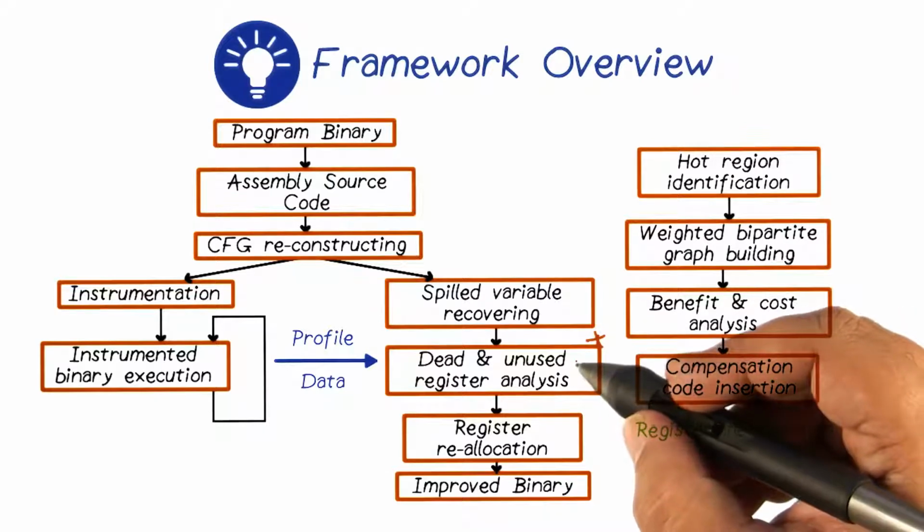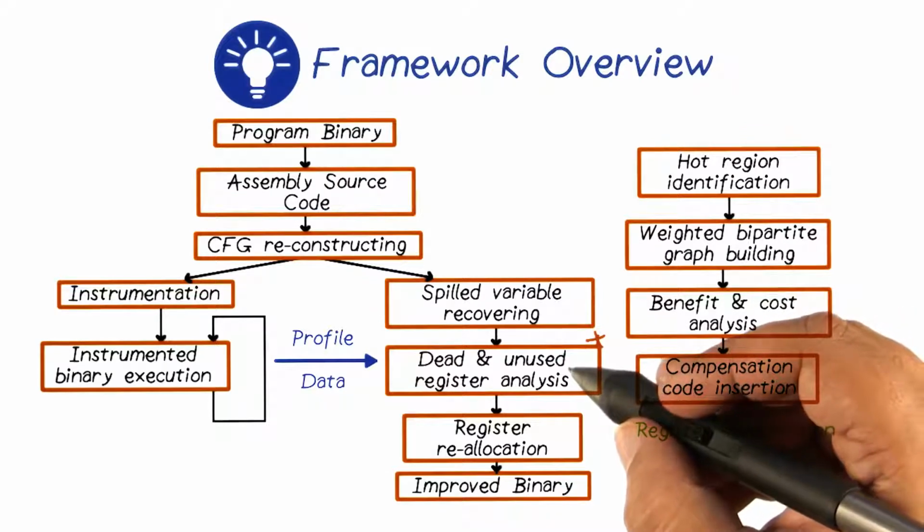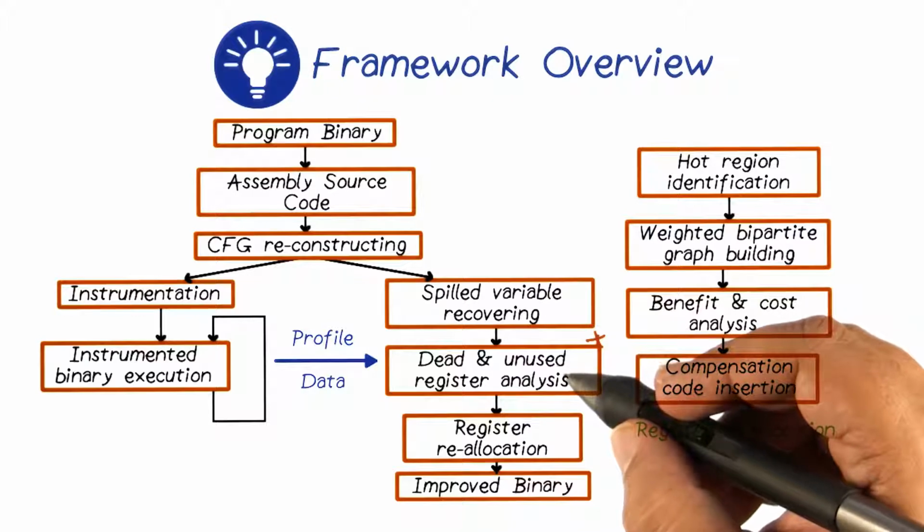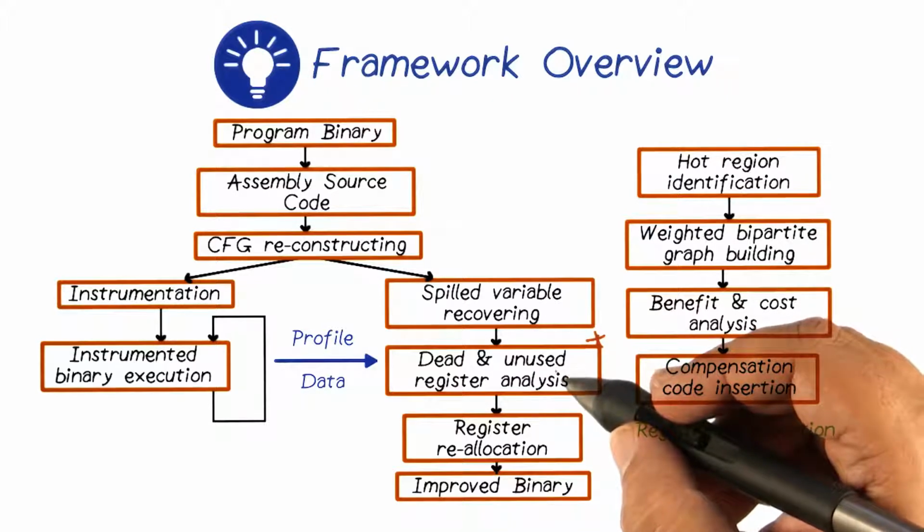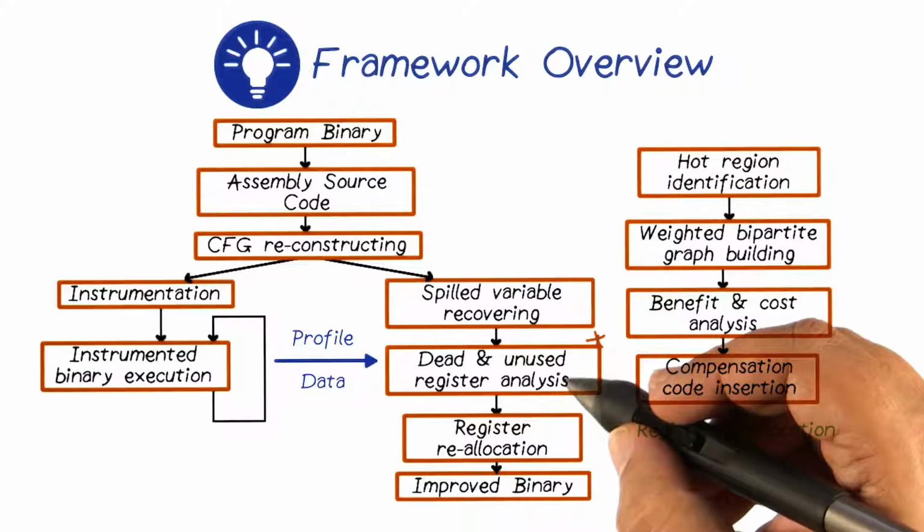Dead registers are again those in which one range has ended, the register is free now, and the second range is not loaded yet. Whereas unused means it does contain a live value, but for a very long region, there are no uses of that value, and so we can cut up the range, throw the value in the memory, and use that register for a long time and then restore it.